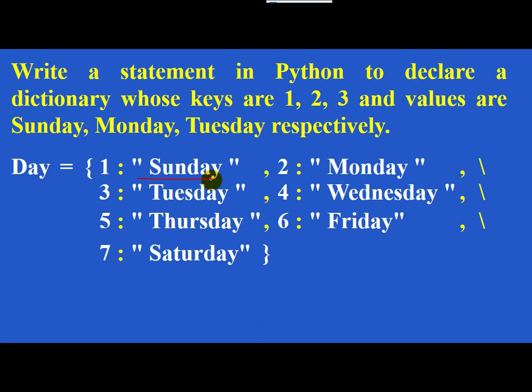Now value can be mutable or immutable, no problem. Okay, now the last point, dictionary is an unordered collection of elements. Dictionary is not ordered, which means if you try to display the dictionary, no guarantee that elements will appear in the monitor in the same order, because dictionary is unordered collection of elements.